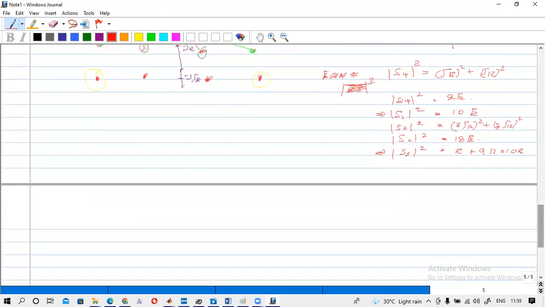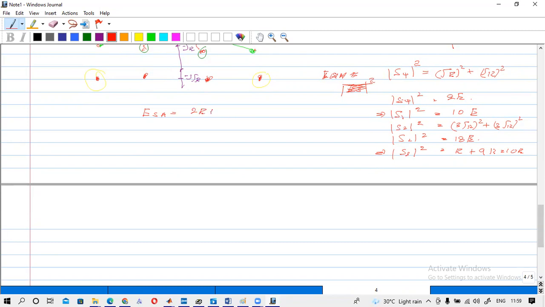So average energy, in ES average will be 2E plus 10E plus 18E plus 10E. So here you have 20, 40, and it should be divided by 4, no?